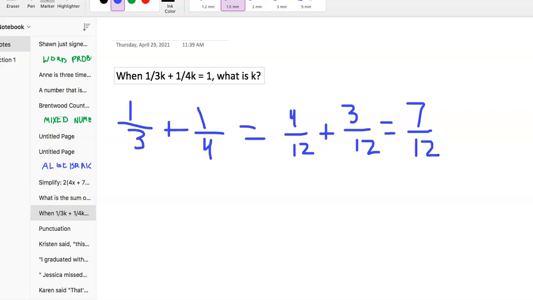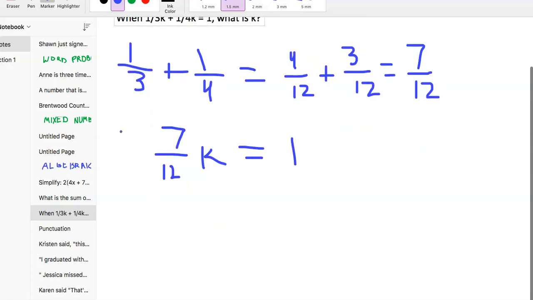So now coming back to your equation, 1/3 k plus 1/4 k, we just combine those fractions, and now we have 7/12 k is 1. All we're doing now is we want to get rid of that 7/12, so we multiply by the inverse or the reciprocal, or whatever you want to call it.